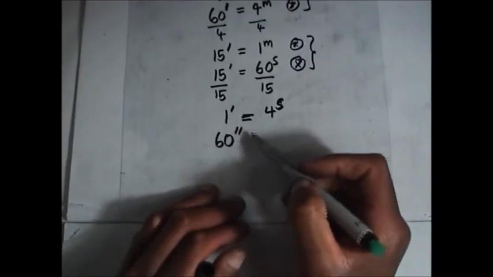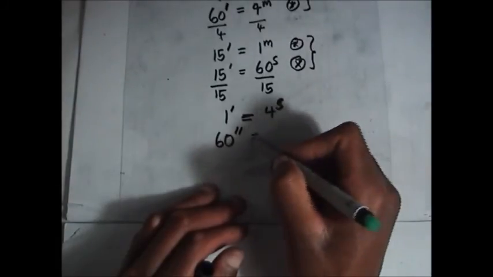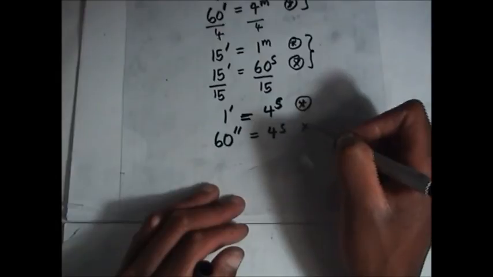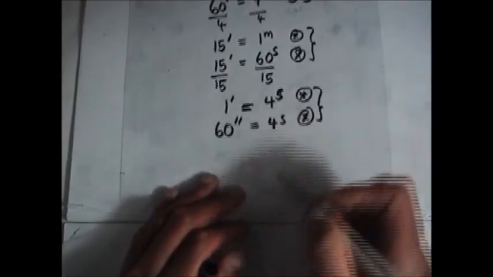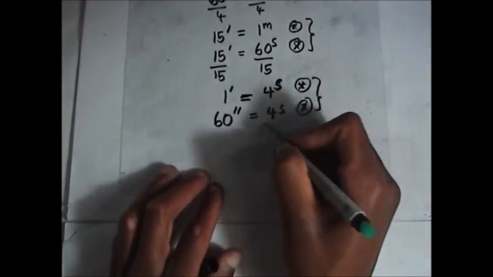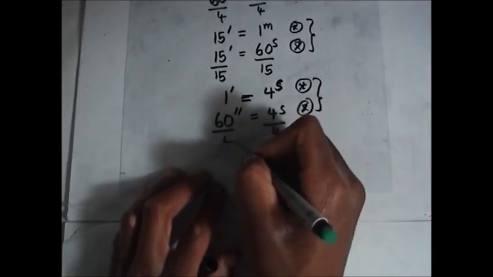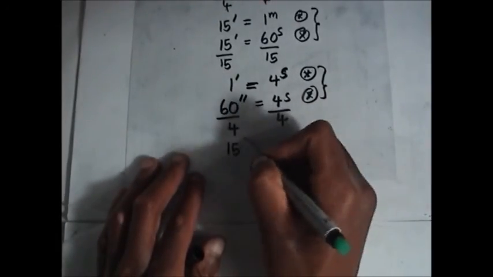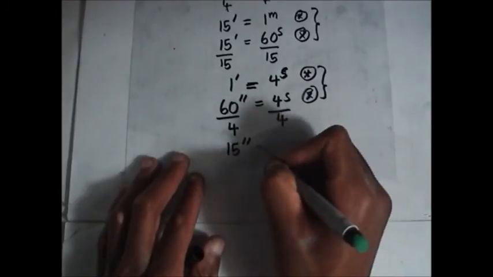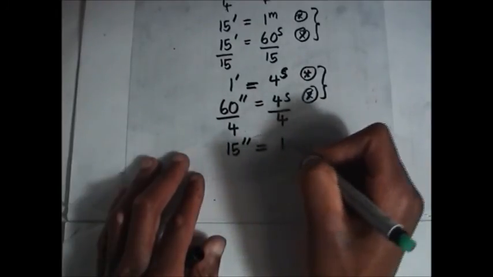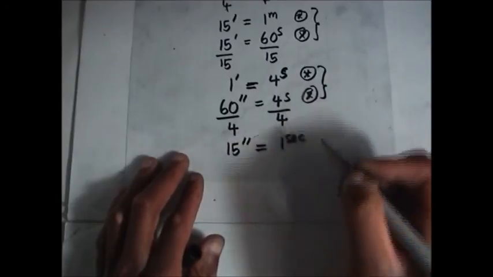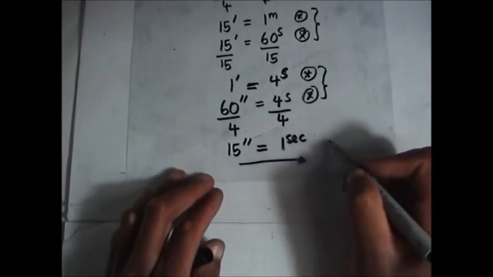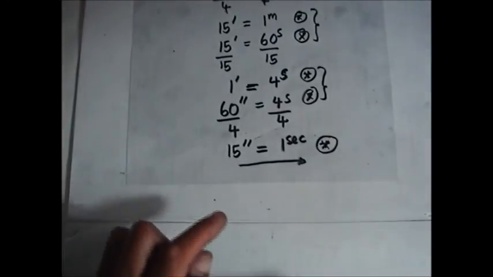So these are angle minutes, equal to 4 seconds. This one was a new relationship related to the previous one. We can go further and divide by 4, and dividing by 4 gives us 15 arc seconds equal to 1 time second. This can be our final relationship.